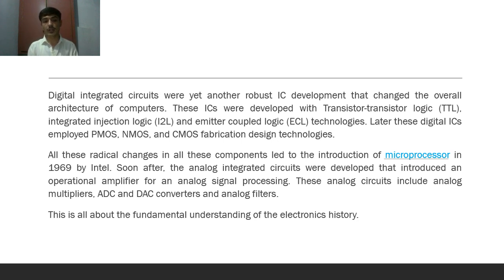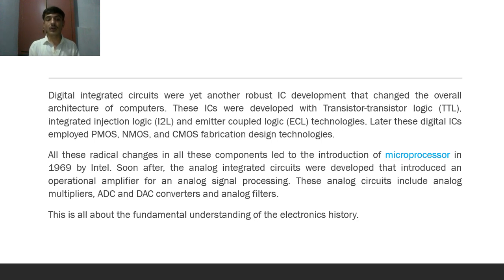Later, these digital ICs employed PMOS, NMOS, and CMOS fabrication design technologies.